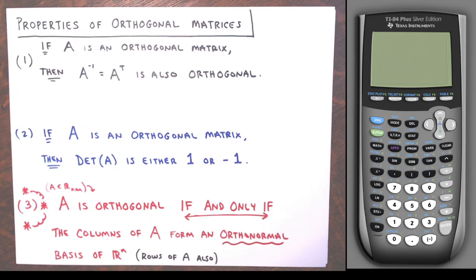And if you do the contrapositive, if the determinant of a matrix is neither 1 nor -1, then the matrix will not be orthogonal. And finally, a matrix will be orthogonal if and only if the columns or rows of that matrix form an orthonormal basis of Rn.